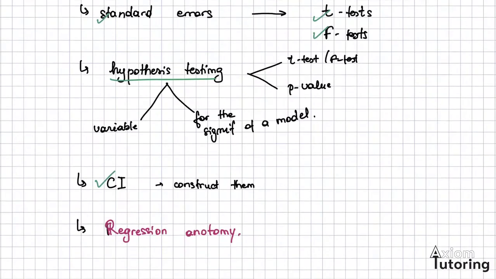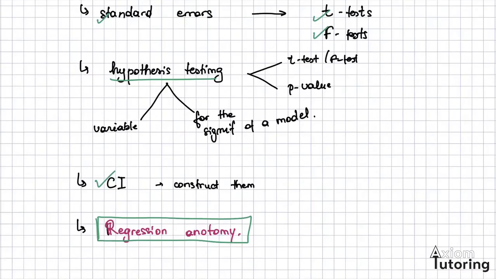The next video is going to be on regression anatomy, as this is a very important concept, especially when we then jump into dissecting what could go wrong and how that changes the interpretations of the betas for our model depending on what could have gone wrong in that regression.